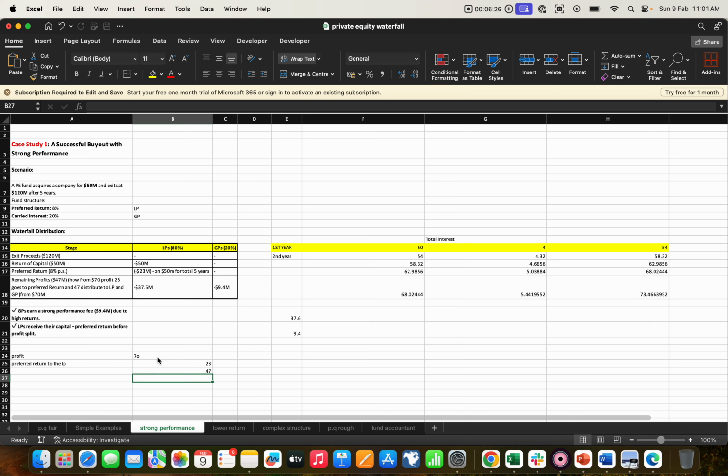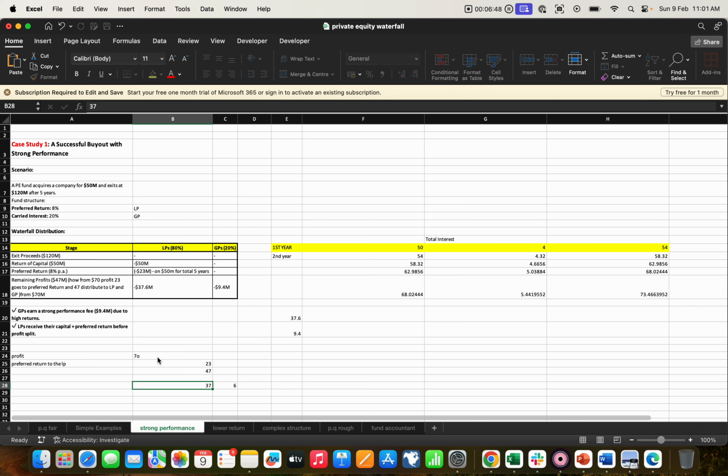So 47 is distributed among the LP and GP. So what will be the ratio? 80% and 20%. So 80% is distributed to the LP, which is 37.6 million.